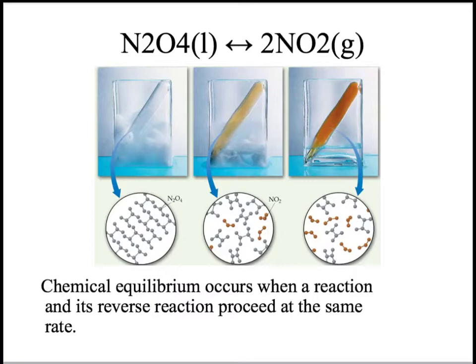So, if we're actually talking about real chemical equilibria, although there's a lot of ways to tell if a system's at equilibrium, for this example here, the N2O4 is a liquid and the NO2 is a gas. And the liquid can be seen in this vial here.